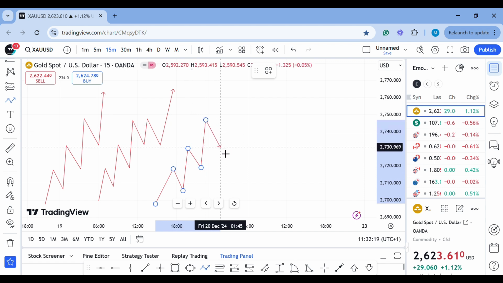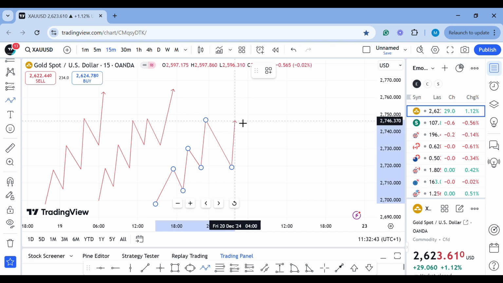Then in this third wave pattern, this is what you see. Instead of respecting this zone, this previous high it created, it will break below this previous high and come back to this previous low. It will respect this previous low, something like this, and then push to the upside.